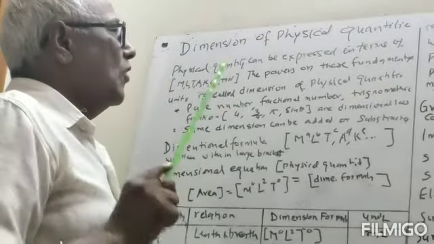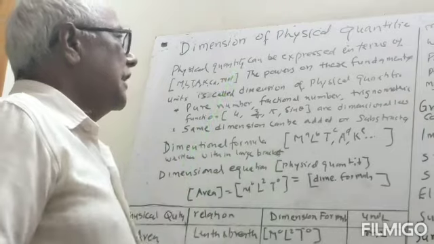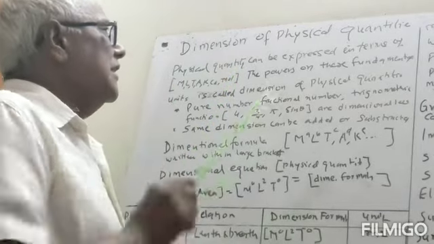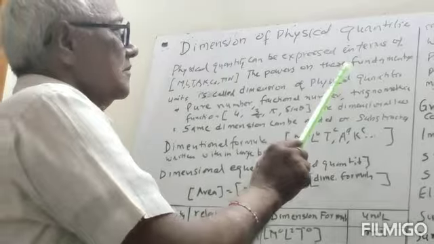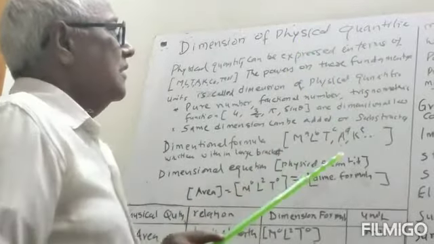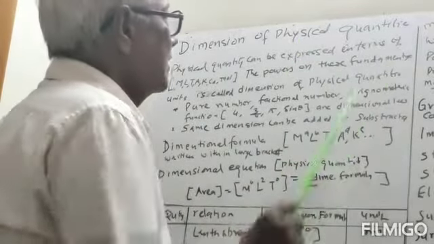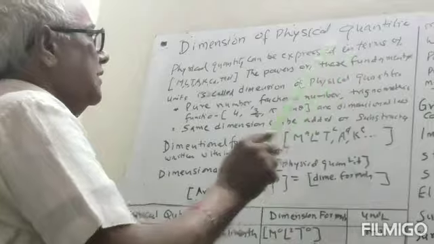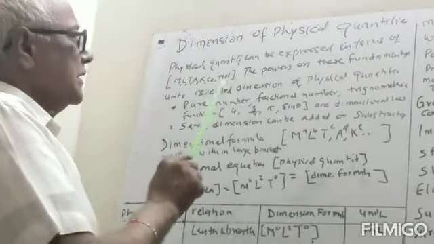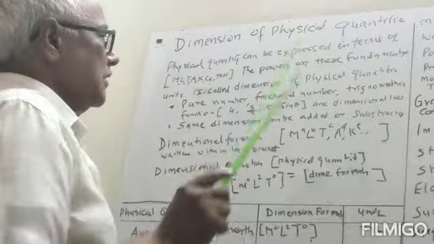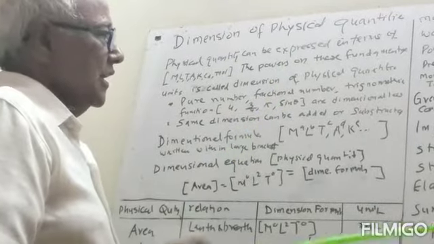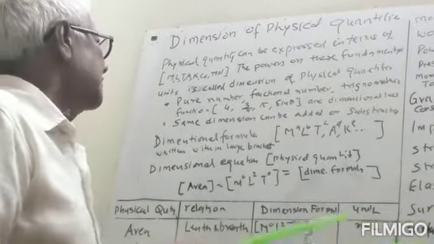So dimension of a physical quantity is expressed in the powers of their fundamental units, as I explained to you last time.